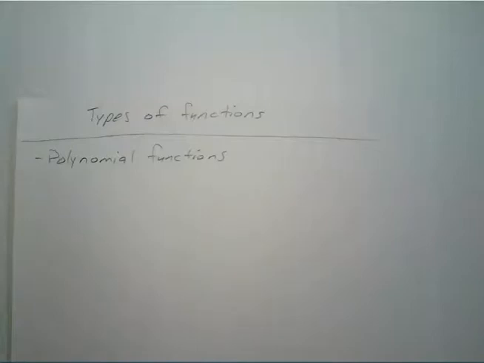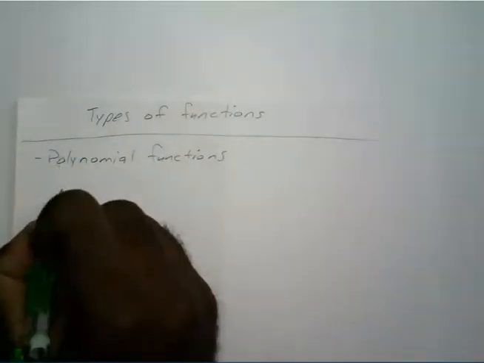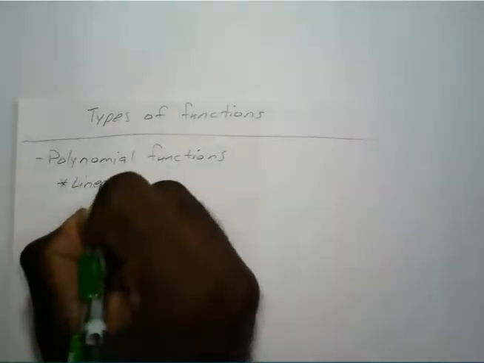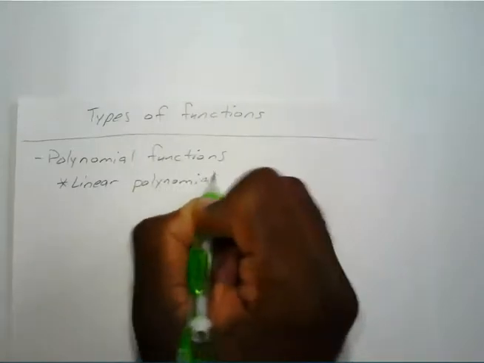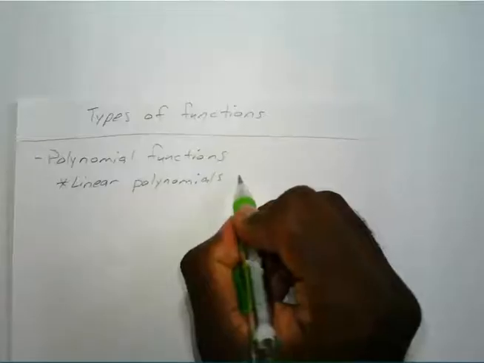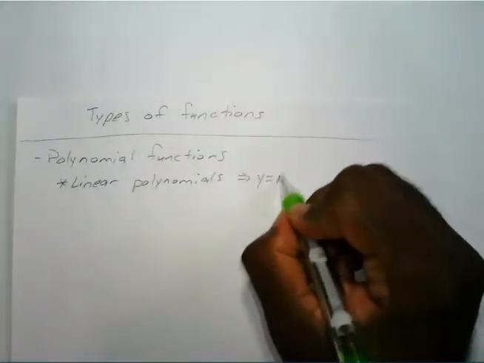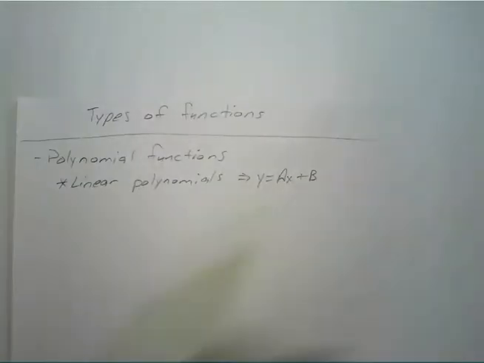Okay, now the different types of polynomial functions are linear polynomials, which have the form y equals ax plus b, where a and b are just real numbers.